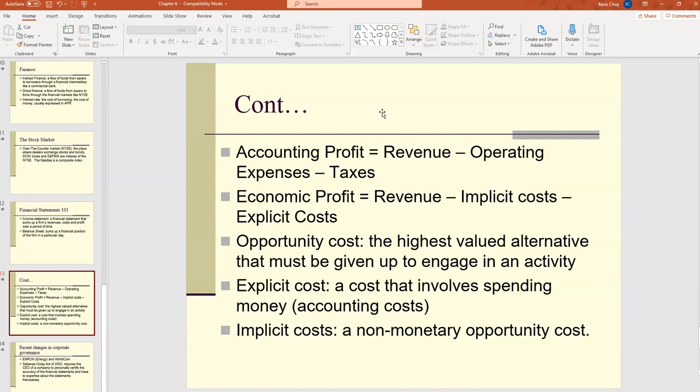Economic profits also talk about implicit costs. Sometimes these costs are not costs that you can see. So that may include all types of opportunity costs, which is something that you may or may not be able to see. So implicit costs are included in economic conversations, while they're not included usually in accounting conversations.